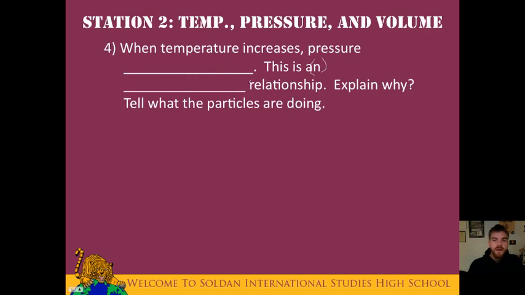Explain why. Okay, well, think through this problem. If temperature increases, that means the speed is increasing. And so if the speed is increasing, then the particles are going to hit the wall more often. So therefore the pressure is also going to increase. Let's draw it out. Let's say we've got this box of gas particles here. If these particles go from slow to fast, then they're going to bump the wall more, and so pressure increases.